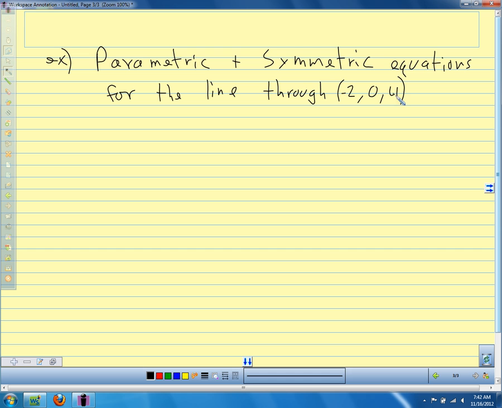And we'll start off with a really easy example, and it's parallel to our vector 2, 4, negative 2. So our direction numbers come from our vector to which our line is parallel.